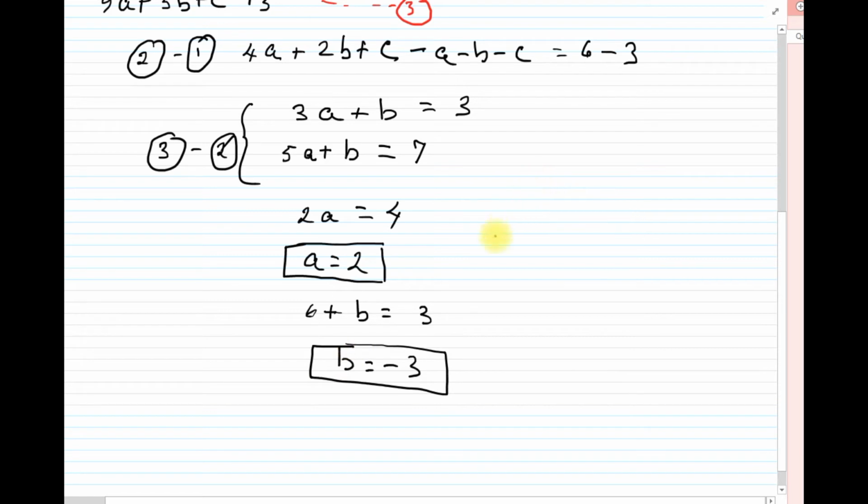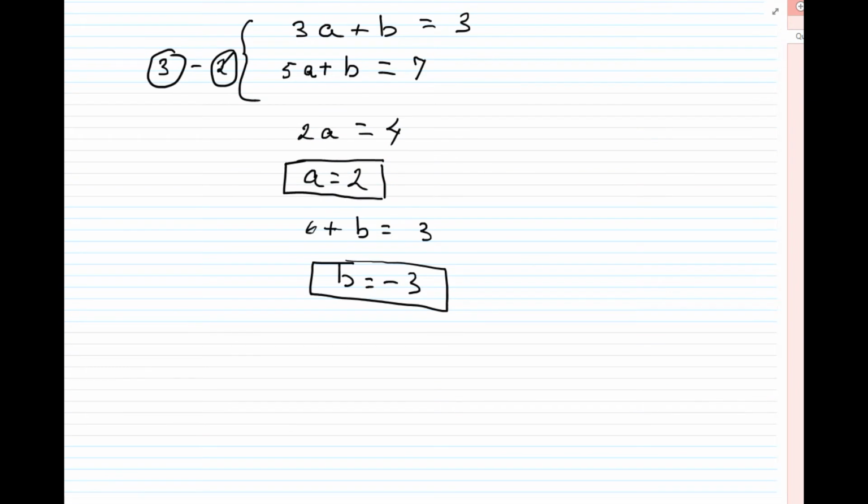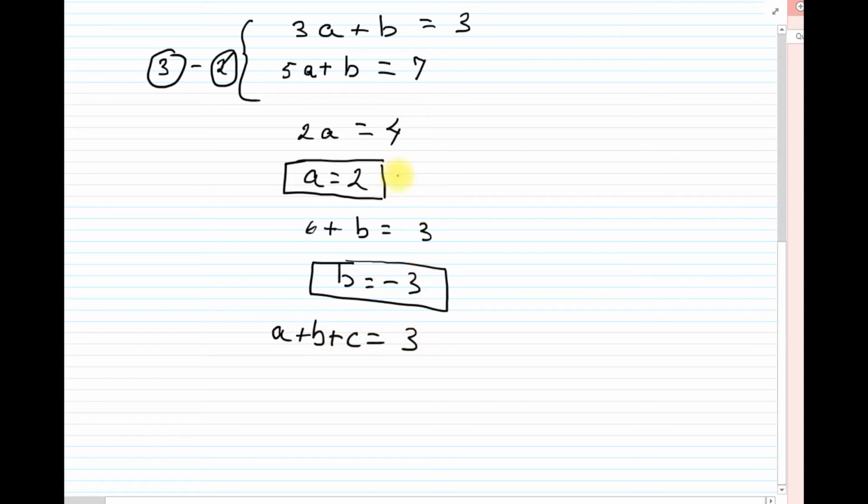And from our first equation, we had a plus b plus c is equal to 3. So a is 2, b is minus 3, plus c is equal to 3. From here, I get c is equal to, 2 minus 3 is minus 1, goes the other side, becomes plus 1, so c becomes 4.